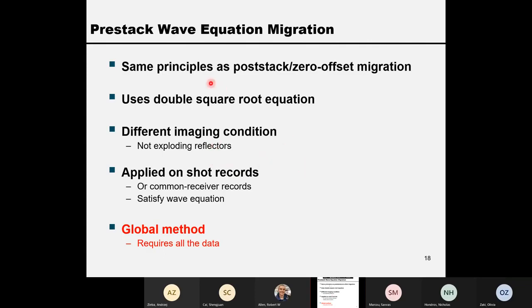Now the equation we use here is based on the double square root. The procedure is also based on the downward continuation, right? And for the migration, we can apply it to shot gathers or receiver gathers or common offset sections.